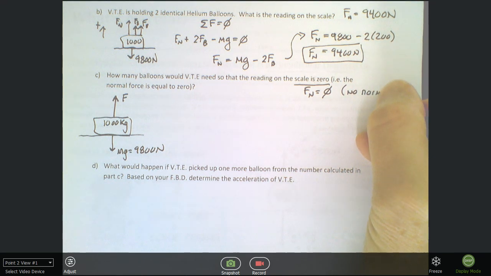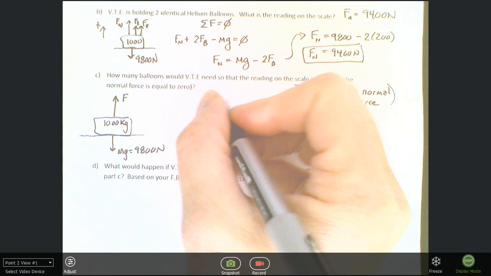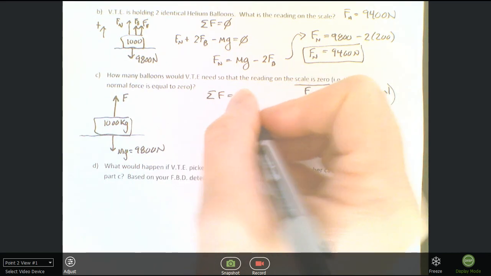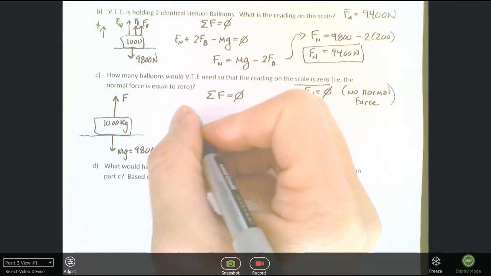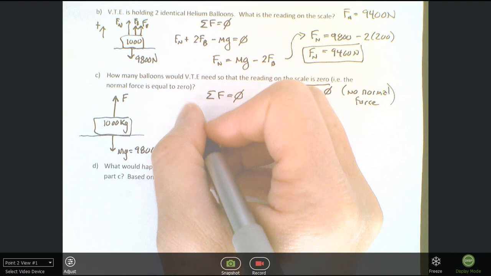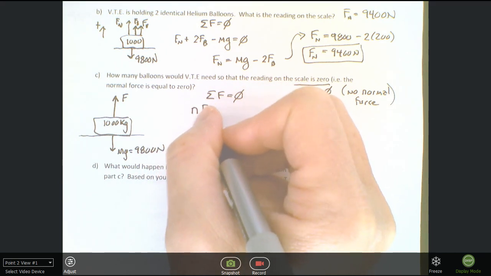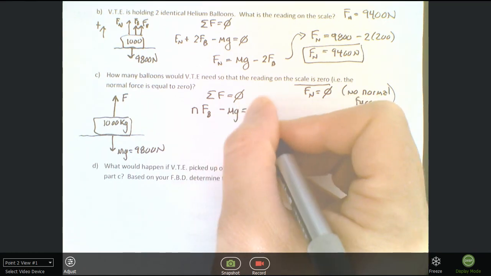Well, the only way this happens is if you just lift off the surface, so you're not in contact with the surface anymore. Well, Newton's second law still holds, but it's still balanced. You've just lost contact with the ground. There is no normal force, so we don't even include it in here. And we have a certain number of balloons, we don't know how many, minus the weight equals 0.